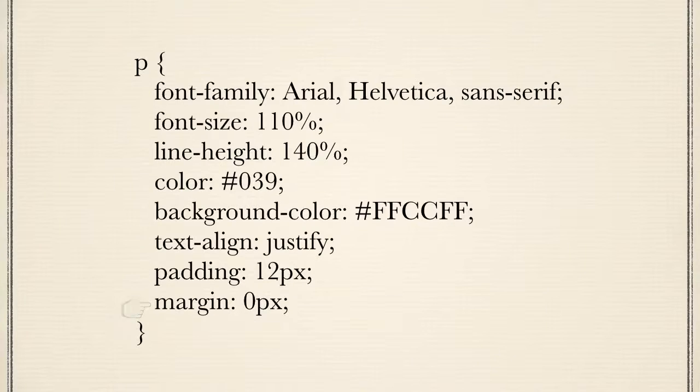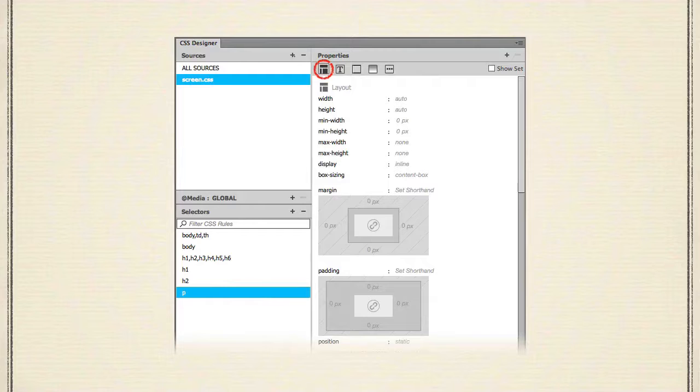But to remember all of that can take some time, and to make sure you have all of the exact right wording and the semicolons, that could be a little bit daunting, especially when you're first getting used to CSS. Luckily, Dreamweaver makes this a lot easier for us. In the CSS Designer panel, we have a bunch of properties set up for us. They're split between multiple different categories.